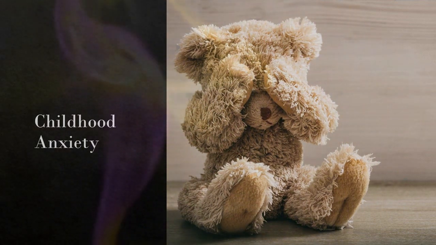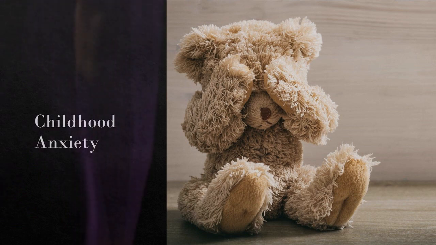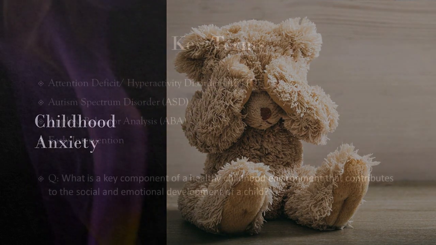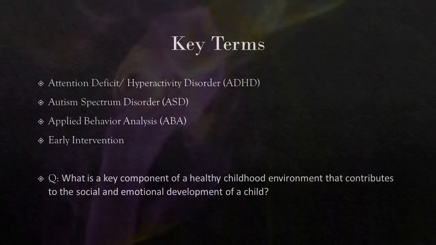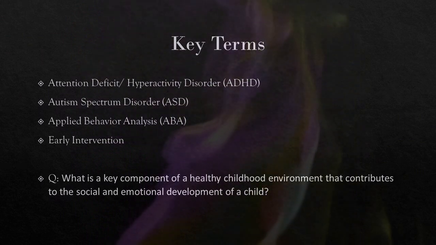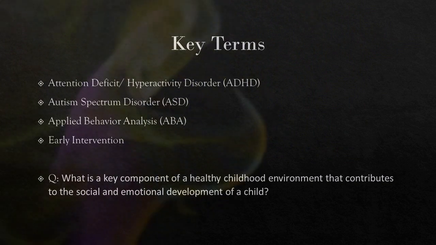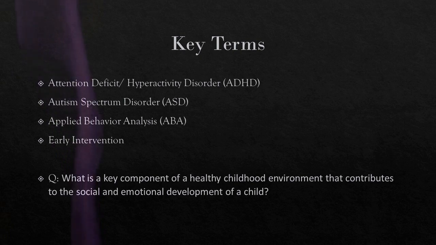And all of this goes a long way to helping the child cope, to understand their anxiety, and to help the child and the family focus on identifying the strengths of the child, so that the child can live a positive and safe, peaceful life. And I just want to close with a few definitions from this lecture.